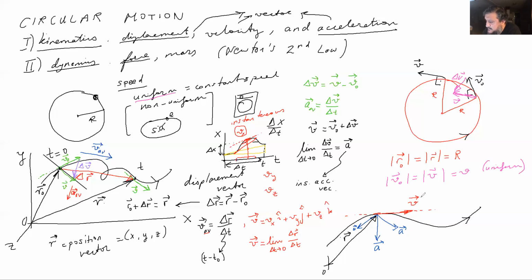The magnitude of V is instantaneous speed. If it's not changing, as in the case of uniform circular motion, then this one, which is perpendicular to the velocity vector, will be the acceleration vector. So the direction changes like that.